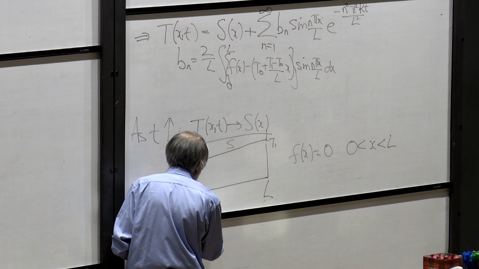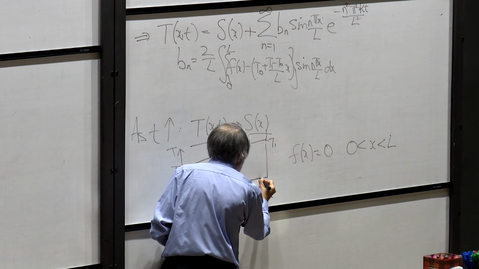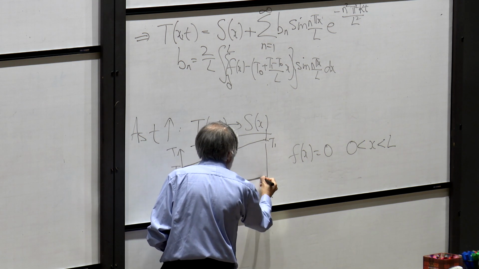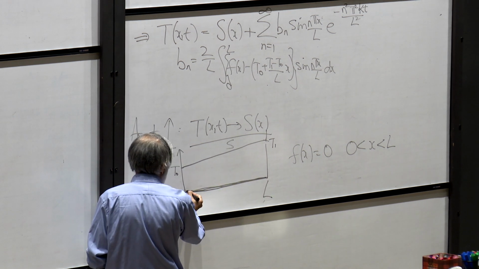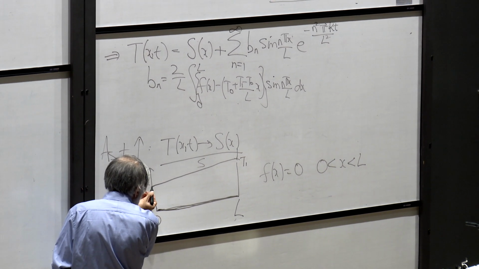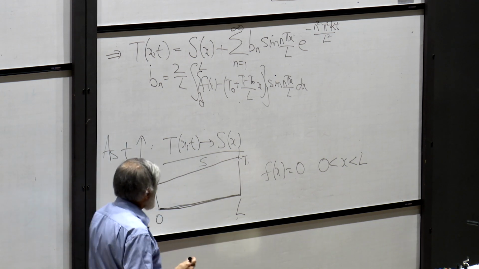So I'm drawing it's 0 everywhere. In fact, it's better if you look in the notes, because you'll see this in the notes. And then, of course, it's T naught here and T1 here.